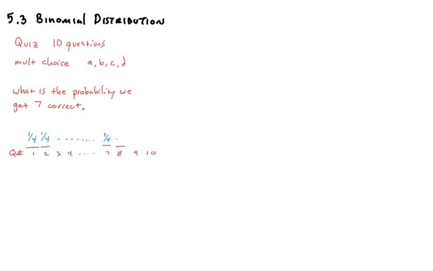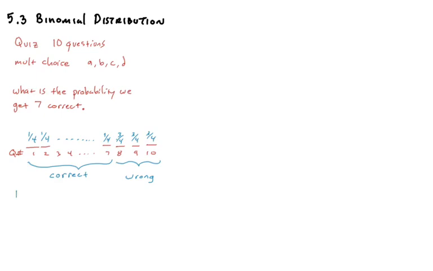What's the probability of a wrong answer? 3 out of the 4. So for these we have 3/4, 3/4, 3/4. Again, we're trying to get 7 questions correct, which frees up the ones at the end to be wrong.